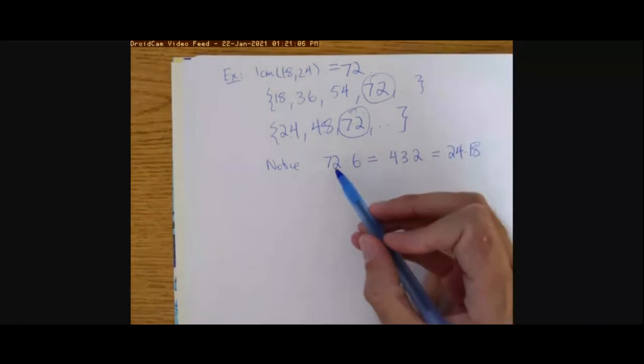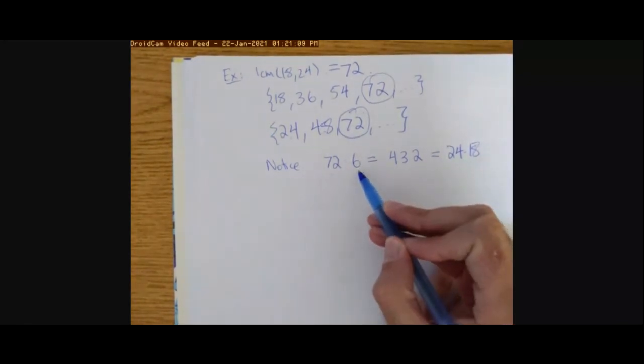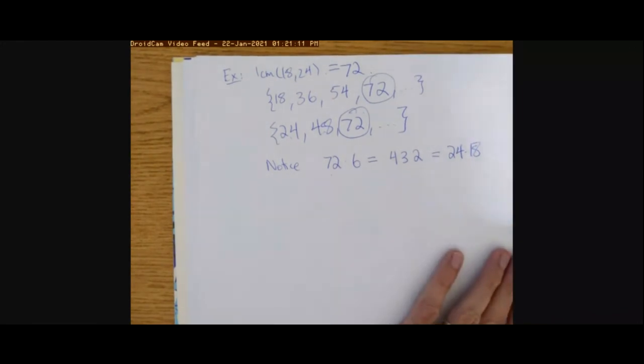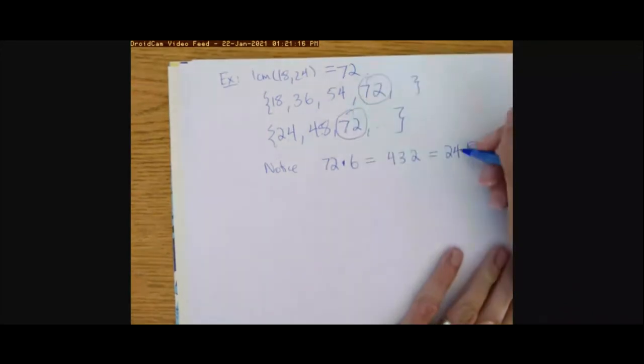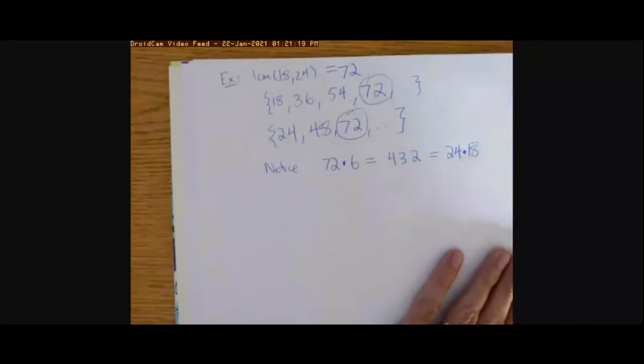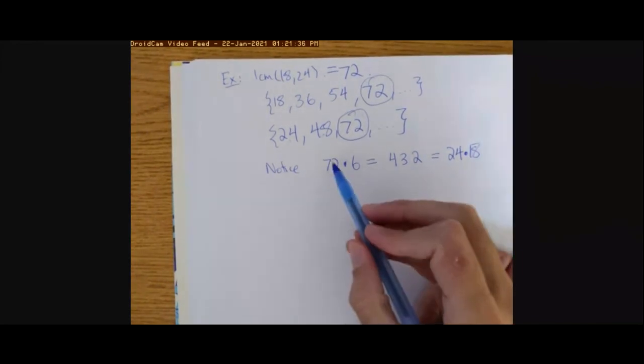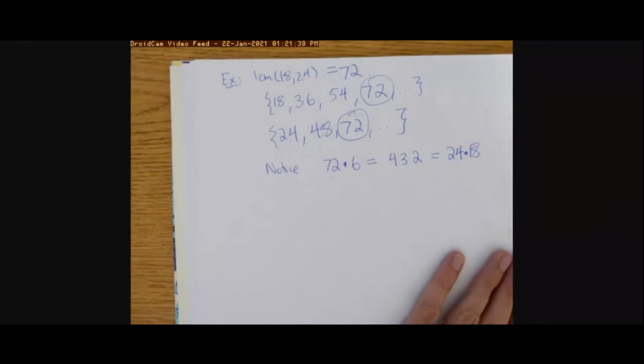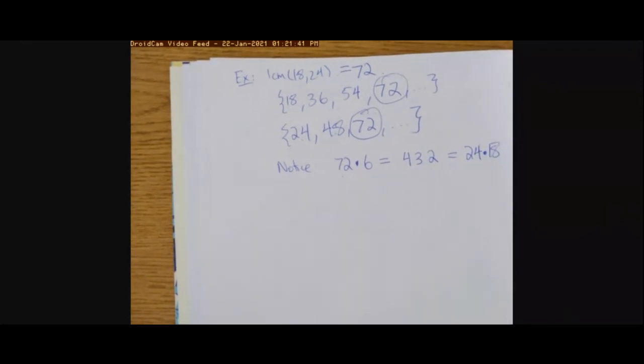If I multiply two numbers, I get the LCM of the two numbers times the GCD of the two numbers. And that's nice because I have this nice algorithm to compute the GCD. So it means I don't need an algorithm to compute the least common multiple. I can deduce the least common multiple from the GCD. So that is good.